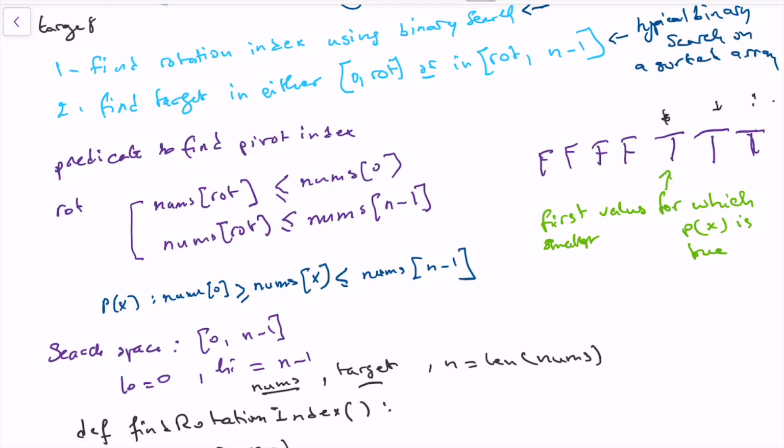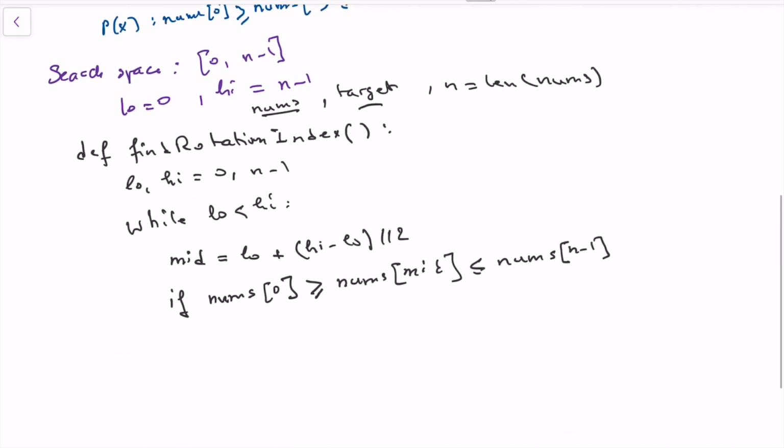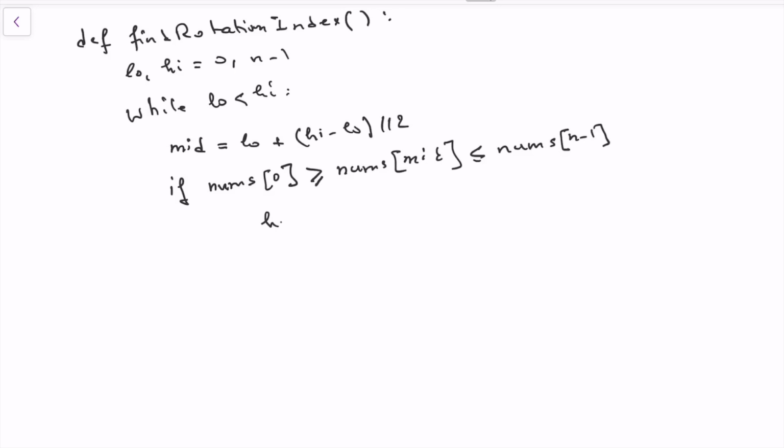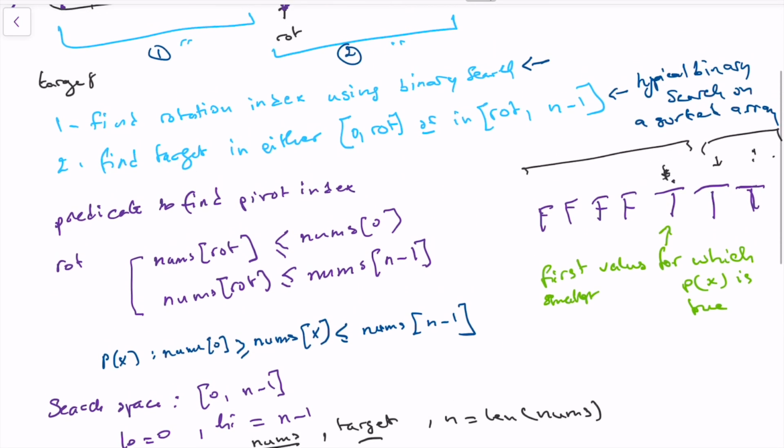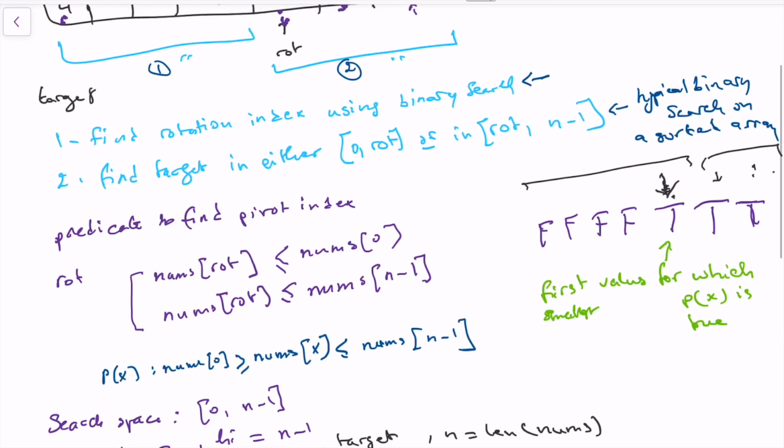In both cases it doesn't make sense to look here, because those we know are true by default, and so we need to look to the left, because either that value is the first one, or maybe there is another true that is the solution. And so to look left we set high to mid, and we need to include mid because maybe it's the first true, right? Maybe it's actually this one.